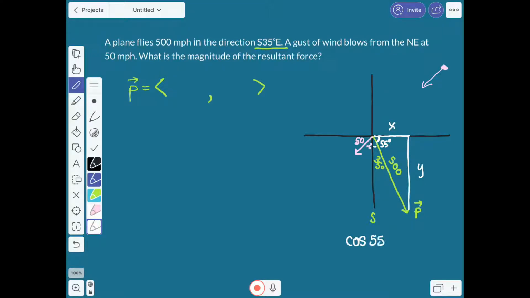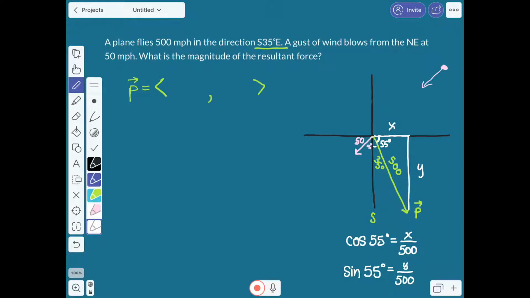So then my x value, I could use cosine to find that. Cosine of 55 equals x over the hypotenuse, which is 500. Sine of 55 would help me find the y value over the hypotenuse.